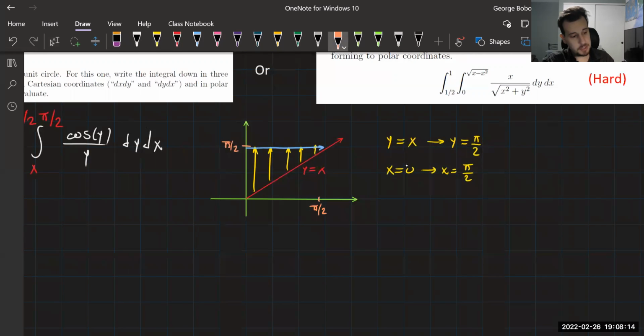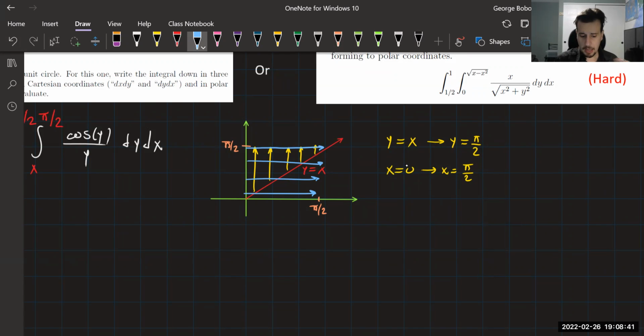If I was to extend these blue lines from 0 to pi over 2, we're going to rather define a square right now. Do you see it? That's what would happen if I went from y equals 0 to pi over 2, and then I turned right and went from x equals 0 to pi over 2.